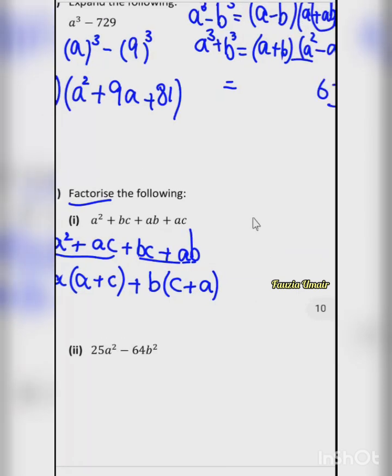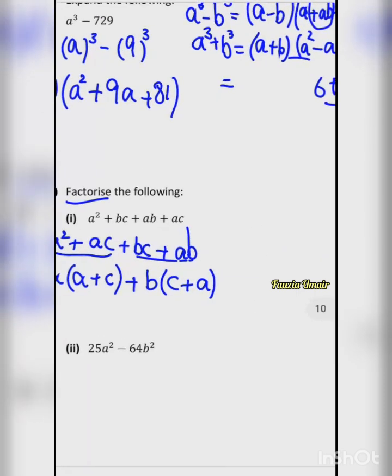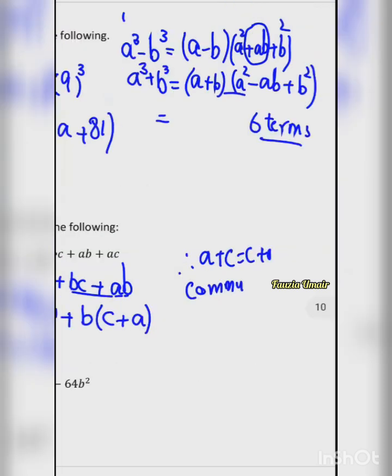So we know that A plus C is equal to C plus A. Why? Because it is the commutative property. When we go to bigger classes, we use these properties just like we use the properties of polygons.